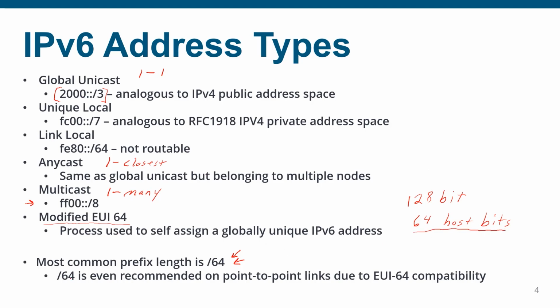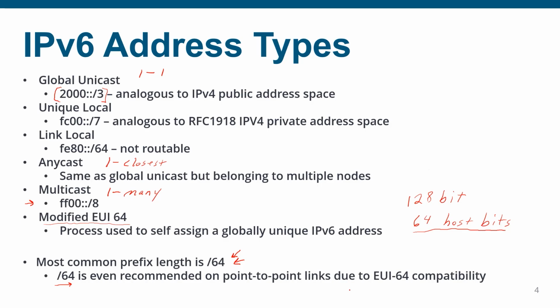And a /64 is even recommended on point-to-point links due to its compatibility with EUI64. We're throwing away trillions and trillions of addresses on point-to-points because it's easier to use. And that can really give you a sense of just how many IPv6 addresses there are, that it's recommended as best practice to use /64s just about everywhere.